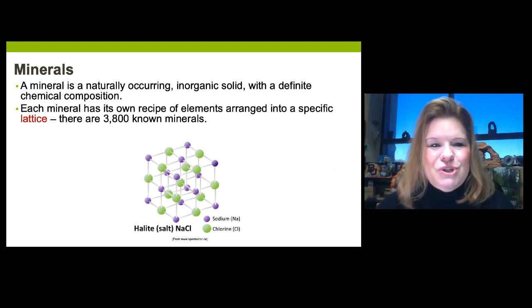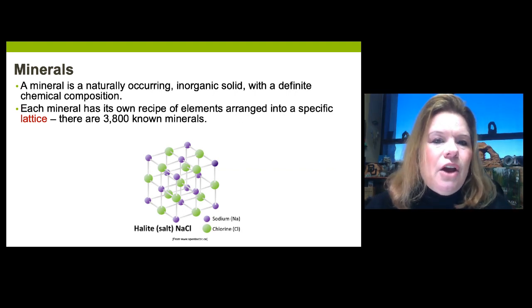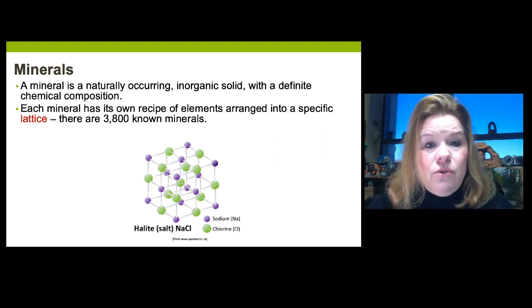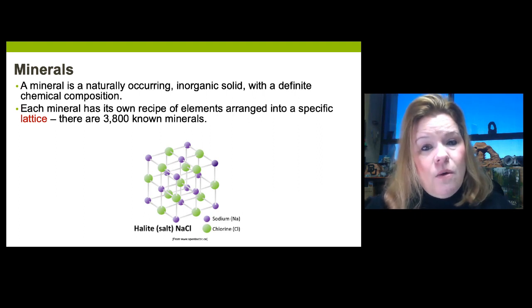So let's get into how we define minerals, how they're different, how they're similar. Another important definition for minerals is this. Minerals are naturally occurring inorganic solids, and they have a very specific, definite chemical composition, and I might add order of atoms.